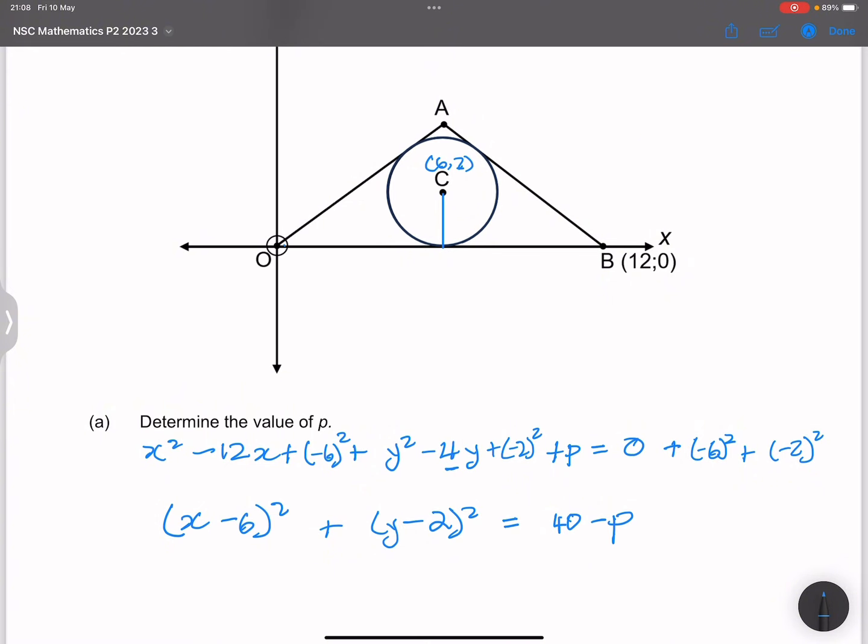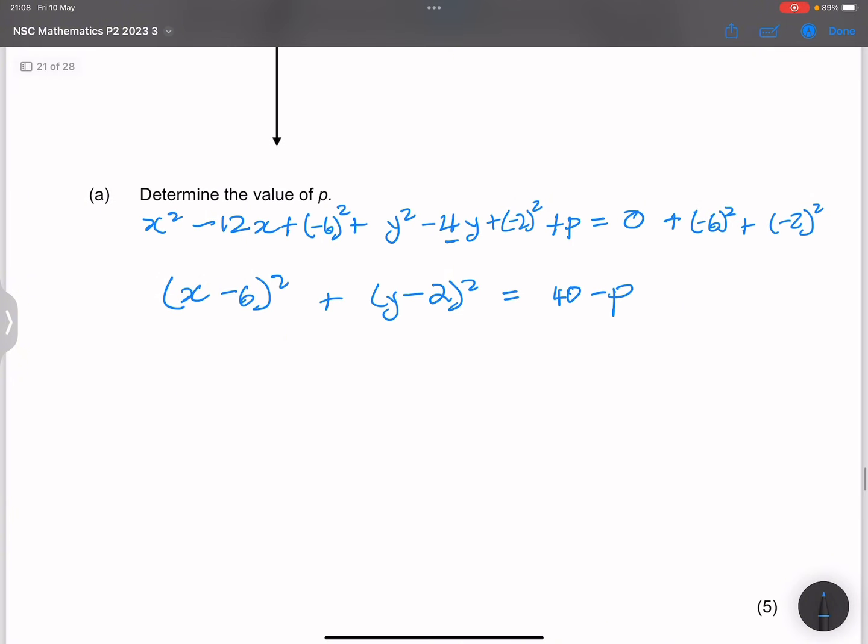The distance there would be 2, so that would be the radius of our circle. So that means r squared is equal to 40 minus p. And now look at this, ladies and gents. What is our r? It is 2, so 2 squared equals 40 minus p.